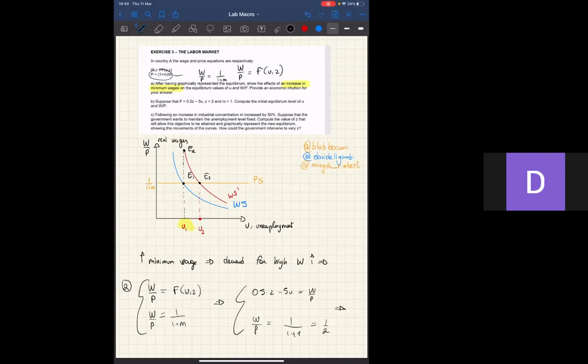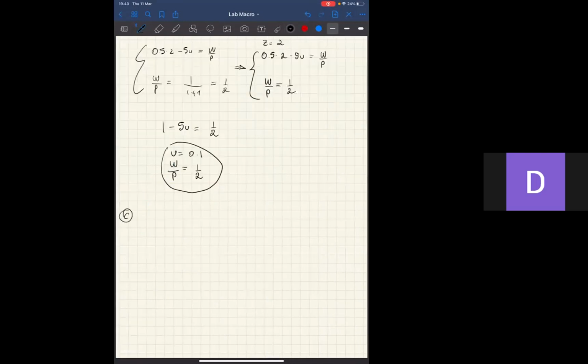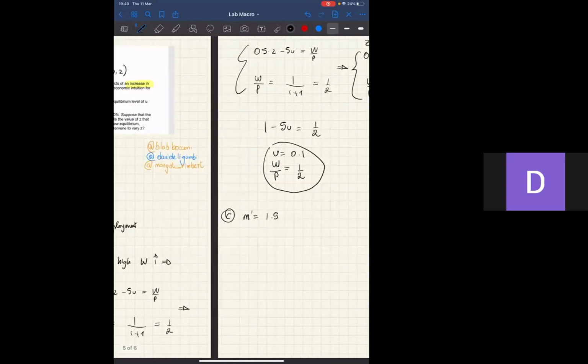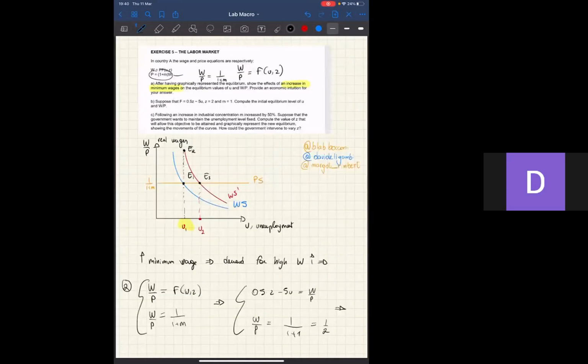And the government here understands that obviously the situation is not the greatest, and it wants to actually keep the unemployment level fixed. So, meaning that the new M, so M prime, is actually going to be equal to 1.5, which is different from the one before, which was only 1.